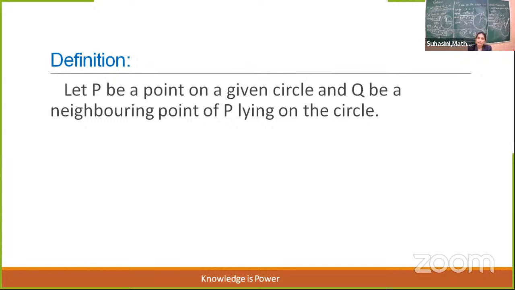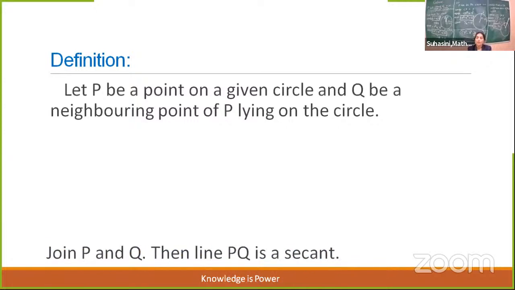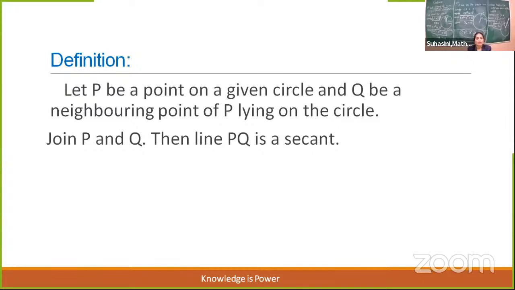Children, let us take a definition where we are very familiar. Definition: let P be a point on a given circle and Q be a neighboring point of P lying on the circle. So we have 2 points. One is P. Nearby P, there is also another point Q. And both the points P and Q are on the circumference of the circle.